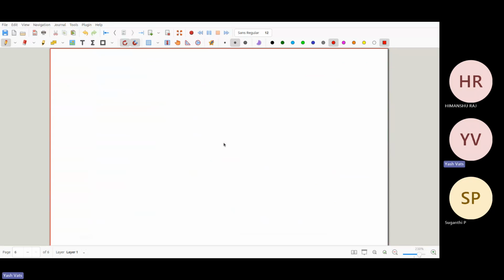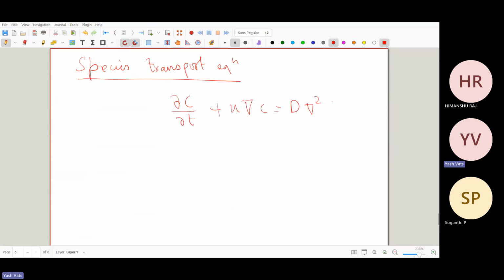Okay, let's start with species. In the first week, they started with the species transport equation. The species transport equation was this: U gradient C is D times gradient square C. So what does it say?